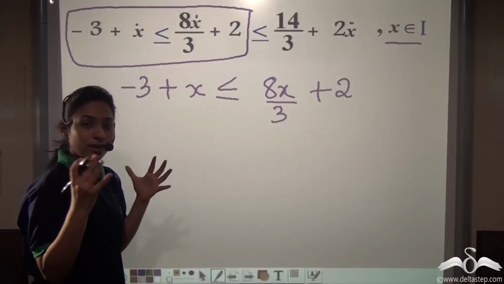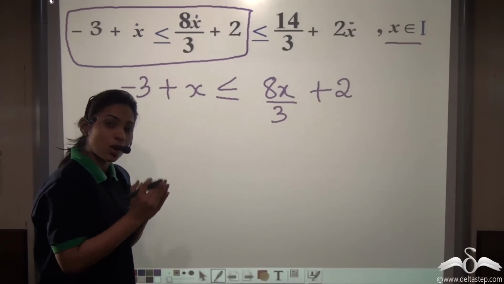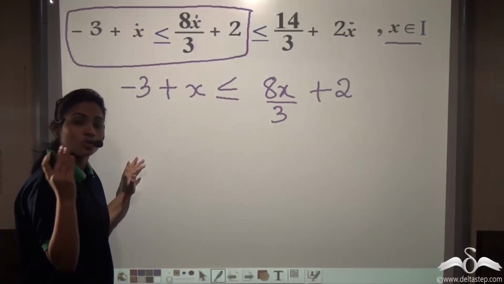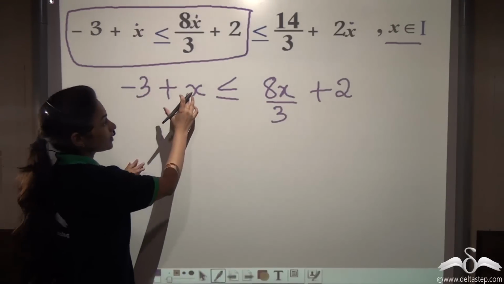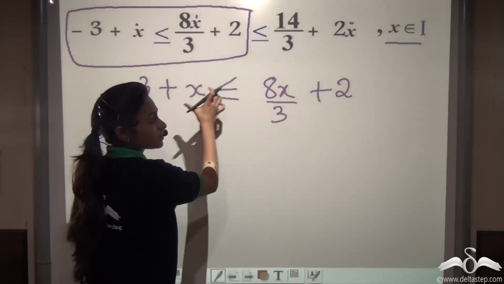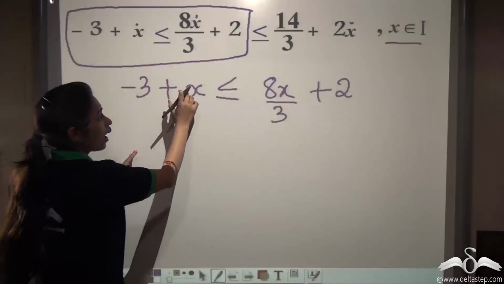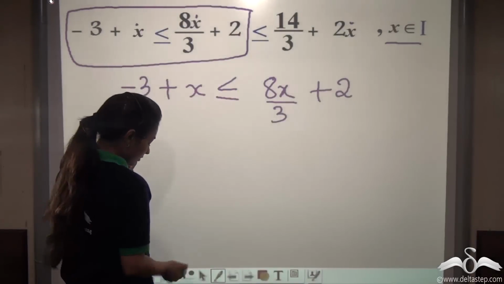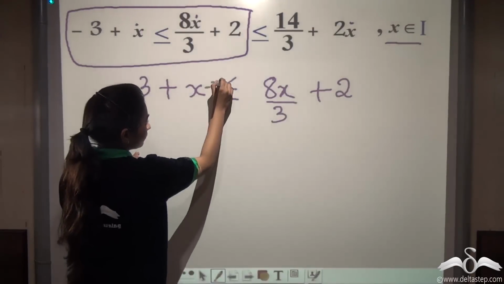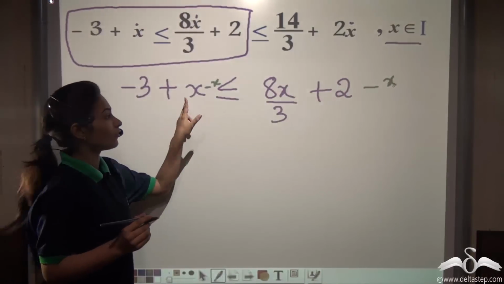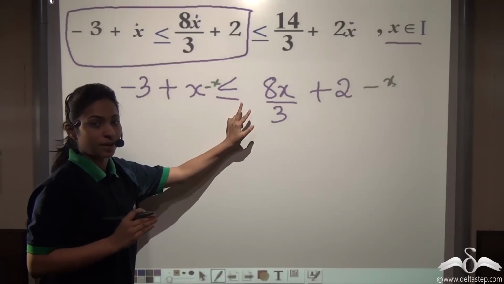That is, bring all the variables on one side and try to bring the coefficient of that variable to 1. So here you can see we need to bring this and this term together so that we can equate it together. I need to subtract minus x here. And subtracting any element from both the sides does not disturb our inequation.